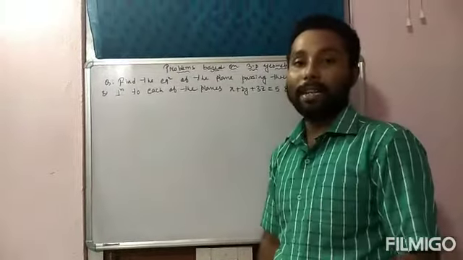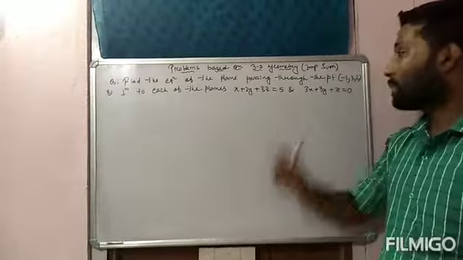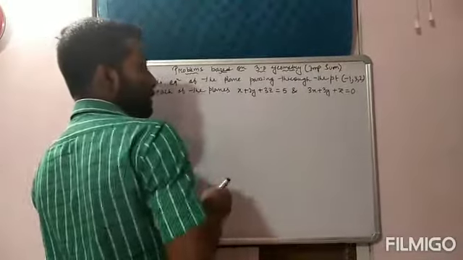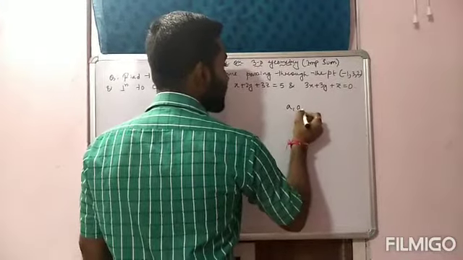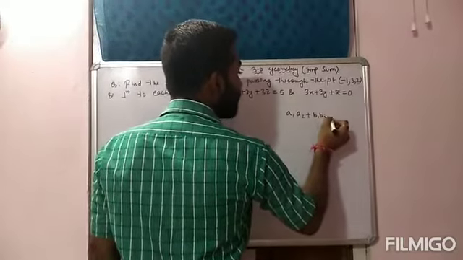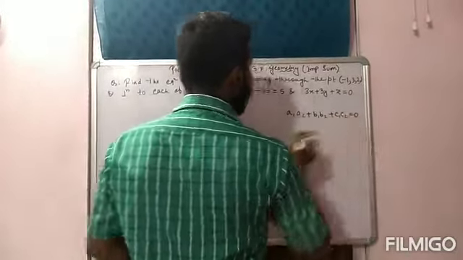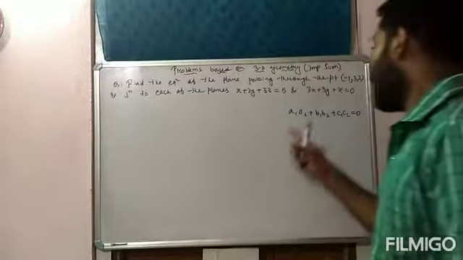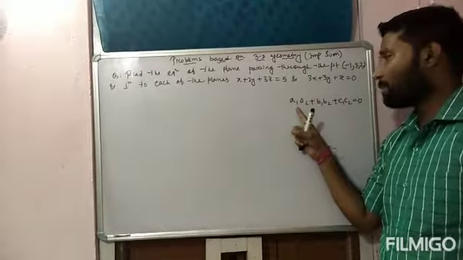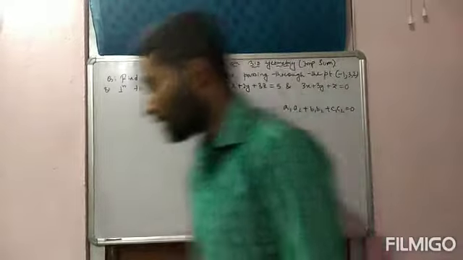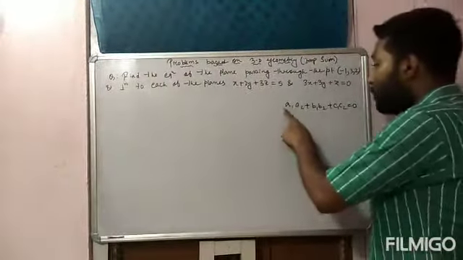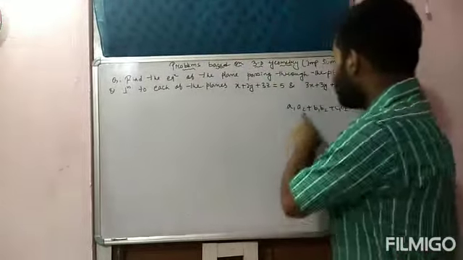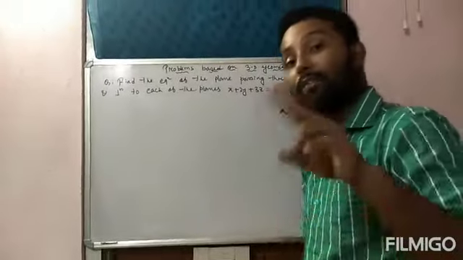We know that if any two planes or any two lines are perpendicular, then the condition of perpendicularity is a1 a2 plus b1 b2 plus c1 c2 is equal to 0, where a1 b1 c1 are the direction ratios of the first plane and a2 b2 c2 are the direction ratios of the second plane.